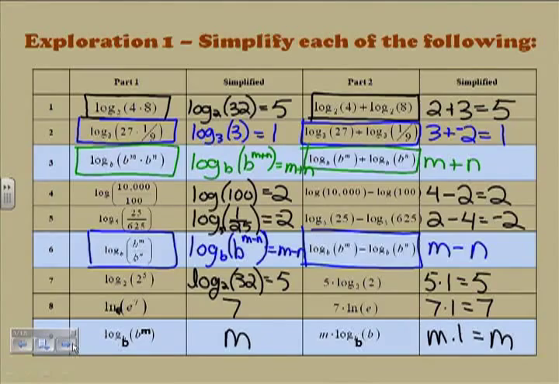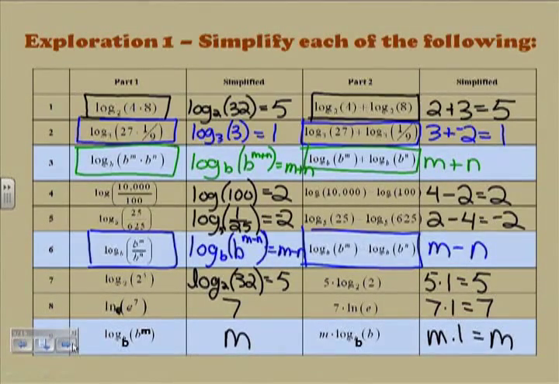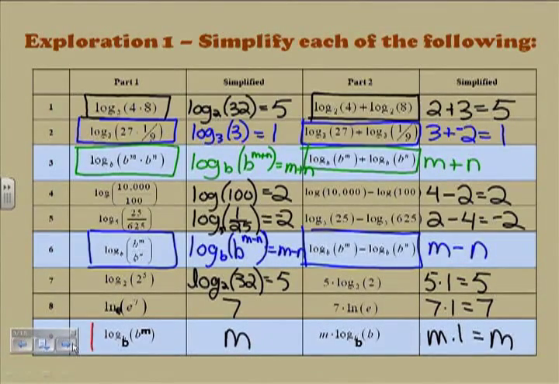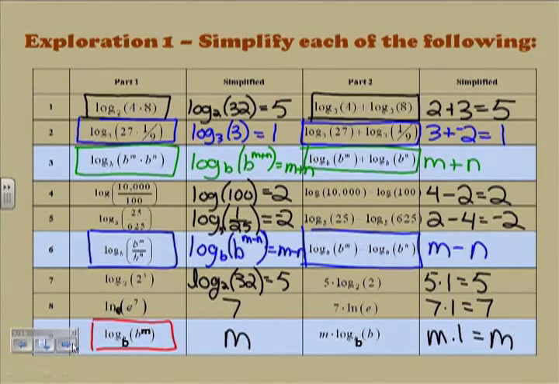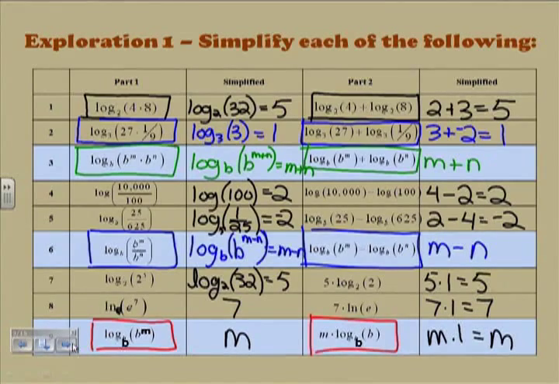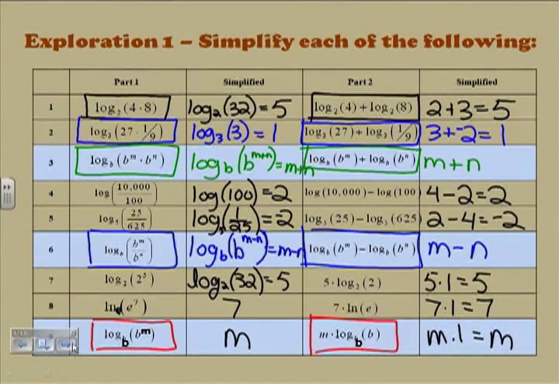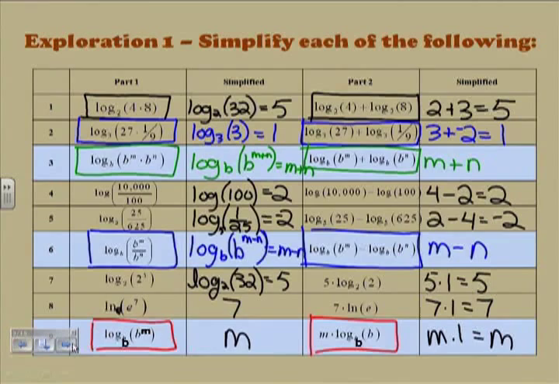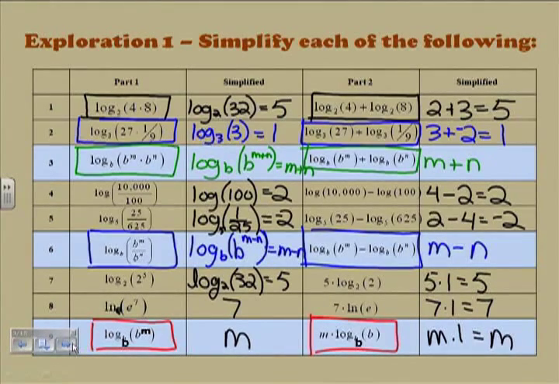And on this last guy, by the way, what you've got going on is essentially that you're raising a power to a power. And when that happens, you multiply the exponents. And one of those exponents was the m, and one of those exponents was the logarithm.